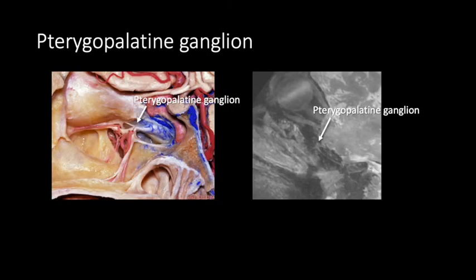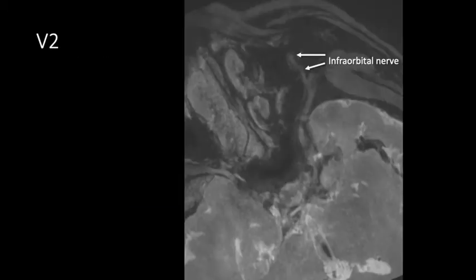Our MR neurography with our Philips scanner gives us high enough resolution that we can actually identify the pterygopalatine ganglion within the pterygopalatine fossa. You can see here the palatine nerve extending inferiorly from the pterygopalatine ganglion. We can identify the infraorbital nerve along its course as it extends to the soft tissues of the midface.